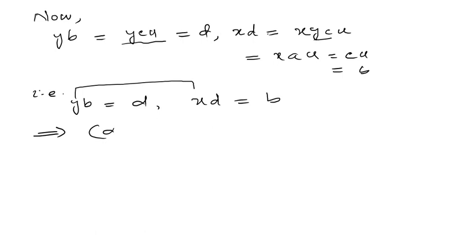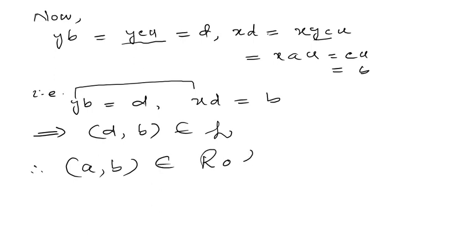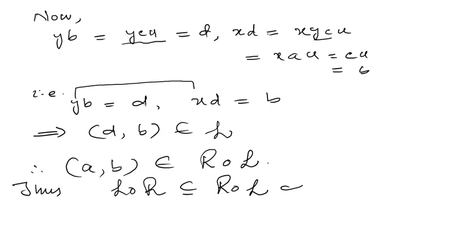These elements are on the left hand side, they are in L. So therefore the pair AB, because AD is in R and DB is in L, must be in the composition R composition L. Thus L composition R is a subset of R composition L, and hence they are equal.